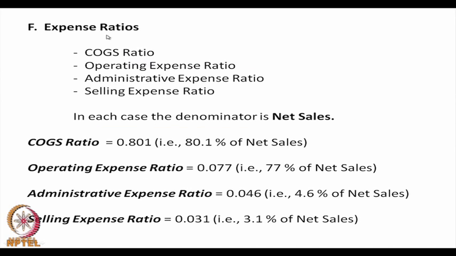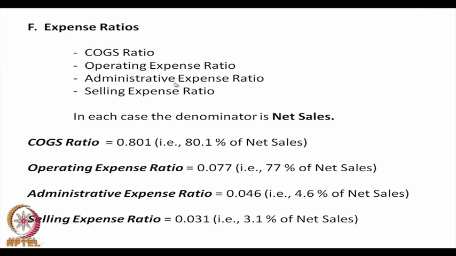Now, the last set of ratios, the expense ratios. There are 4 of them: cost of goods sold ratio, COGS ratio, operating expense ratio, administrative expense ratio, and selling expense ratio. In each case, the denominator is net sales. That means COGS ratio is COGS divided by net sales. Operating expense ratio is operating expense divided by net sales.